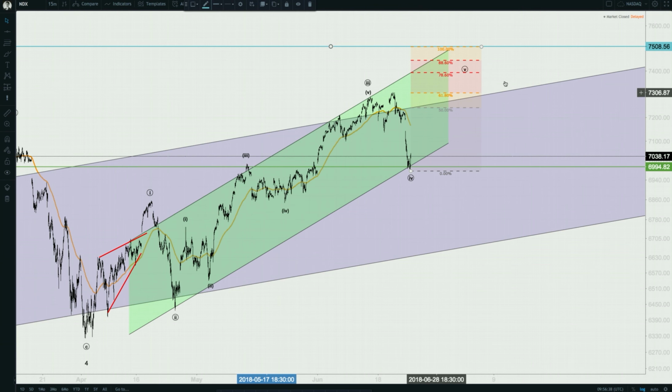So those are two realistic targets for this final move.